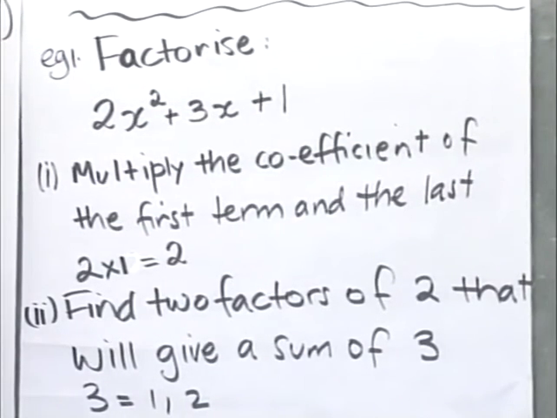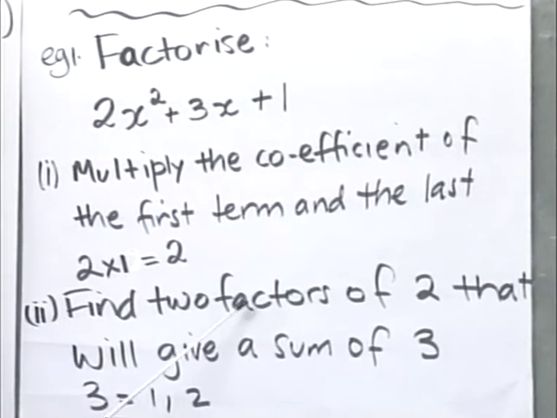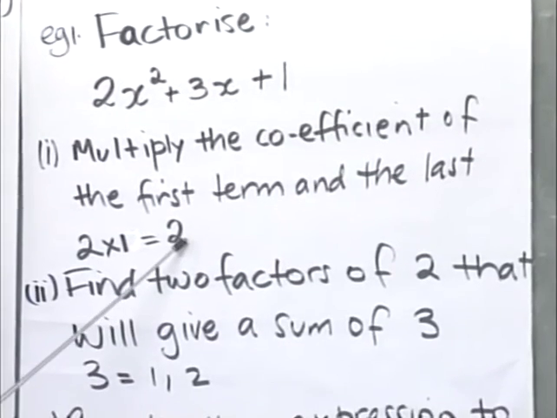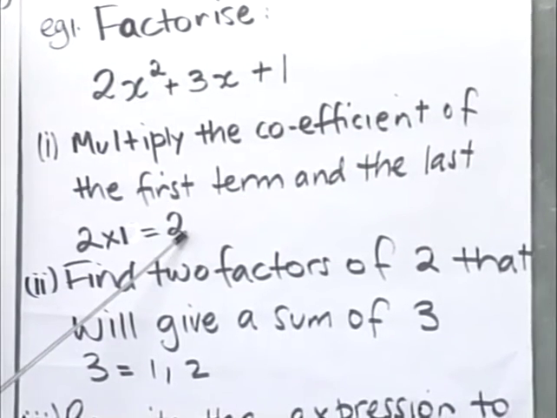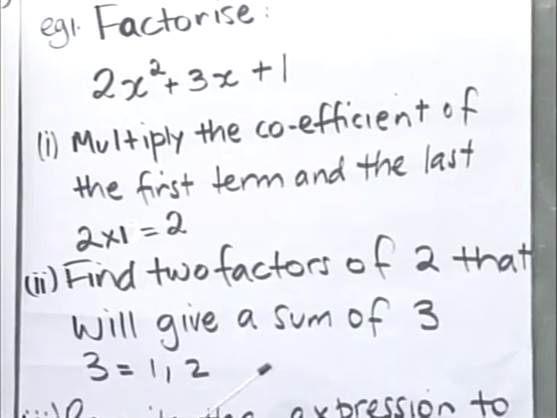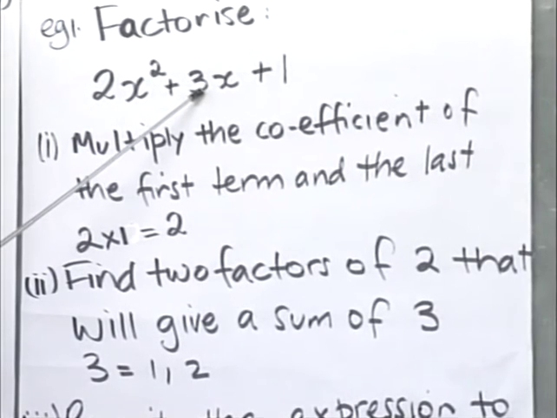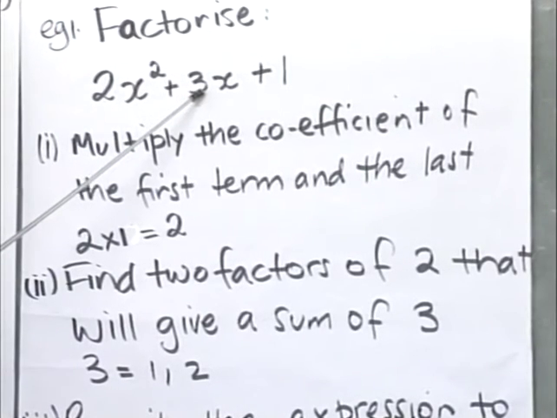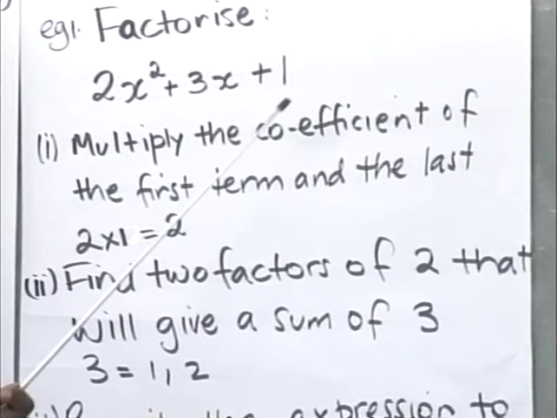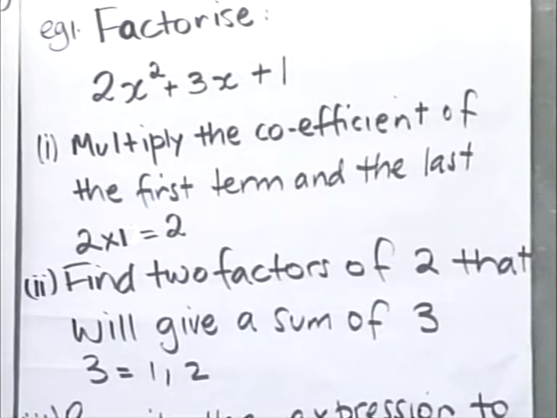The next step, you are to find two factors of the answer that you get in part 1. That will give you a sum of the middle term, which is 3. Okay, so what are 2 factors of 2 that will give 3? This time it happens to be the same 2 numbers, 2 and 1. And then that's the second step.